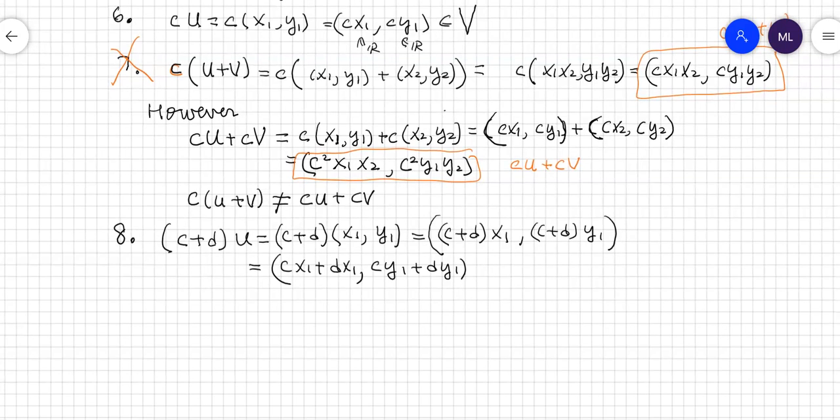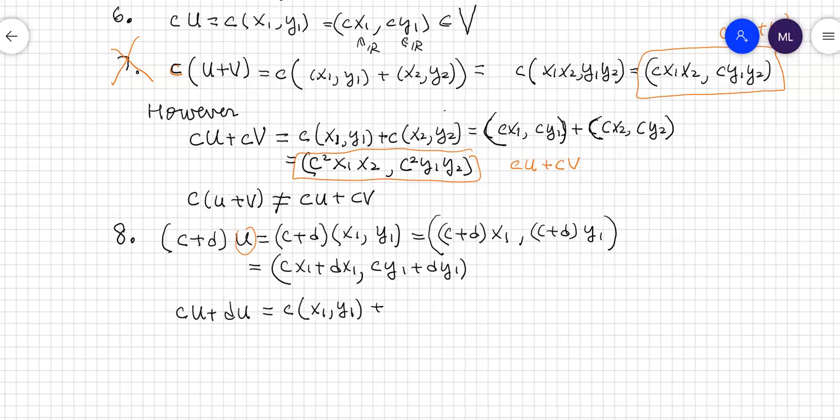Then what is cu plus du? This is c(x1, y1) plus d(x1, y1). There is no x2, there's only one vector we're talking about, it is u.